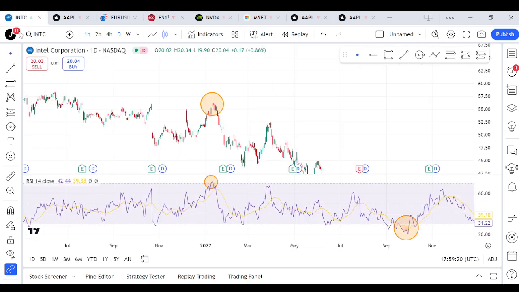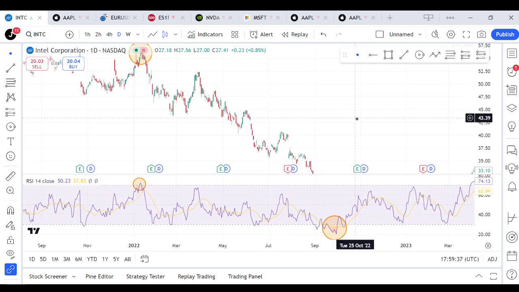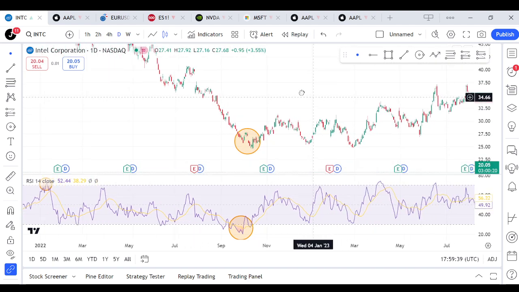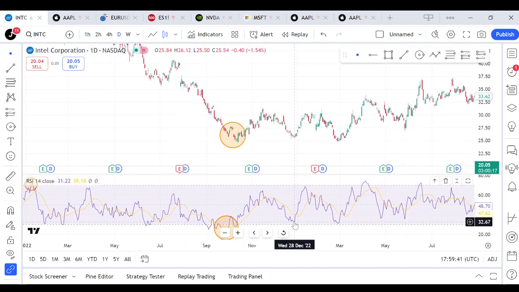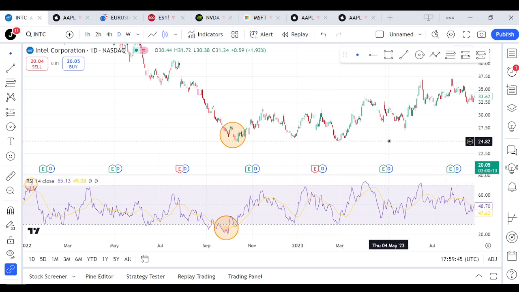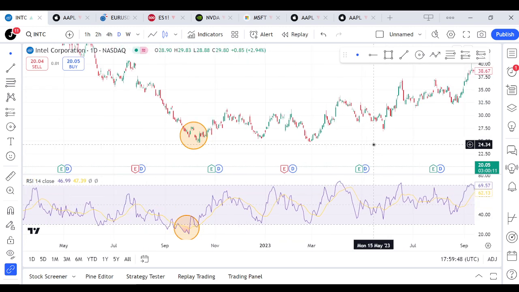So for all of this, when price crosses above the midpoint during uptrends, it indicates a shift from negative to positive momentum, often signaling the start or continuation of an uptrend. For example, this is the midpoint right here, and if we see price rising from below 50 right here to above 50, it could signal the start of a bullish trend or the continuation of a bullish trend.